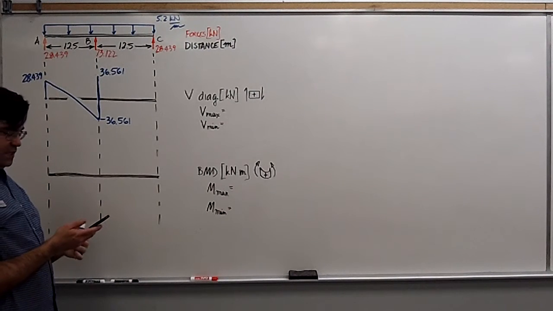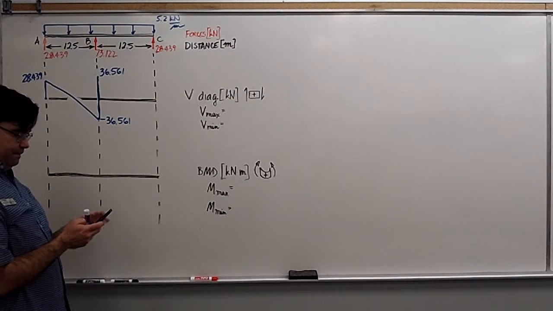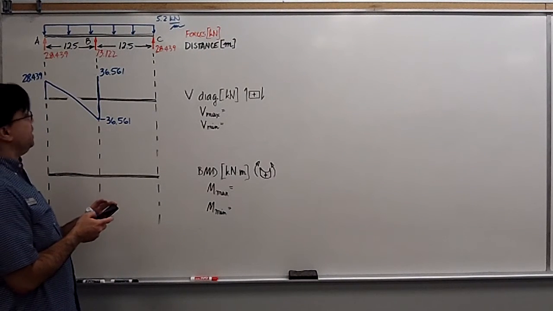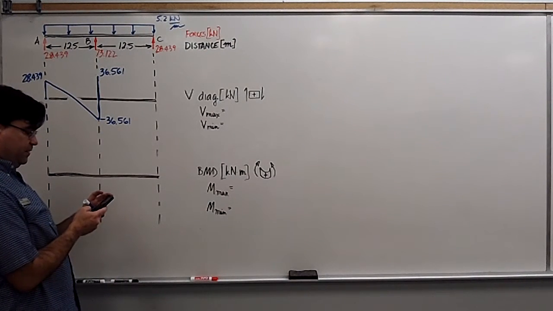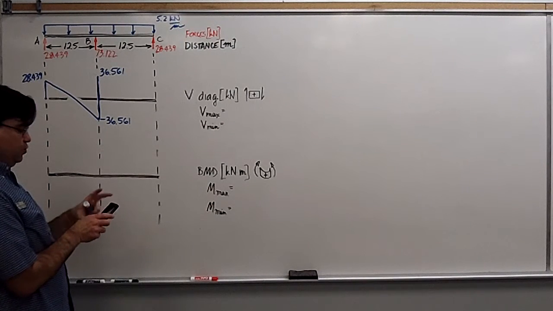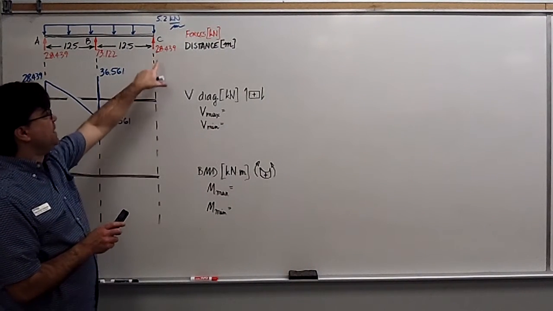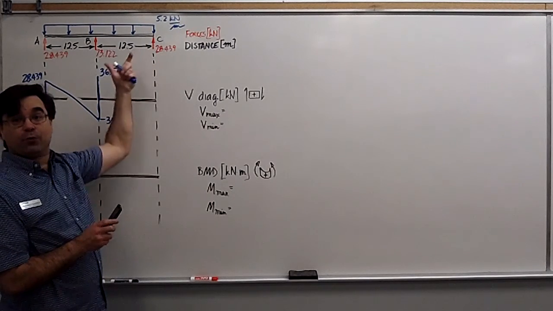So it's going to be 36.561 minus 5.2 times 12.5. And it gets us to minus 28.439, which is good because it matches exactly what we have here. We're going to get to 0.